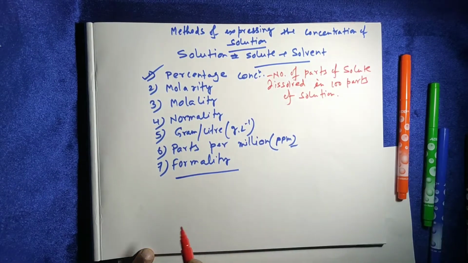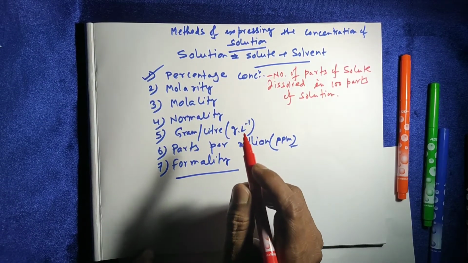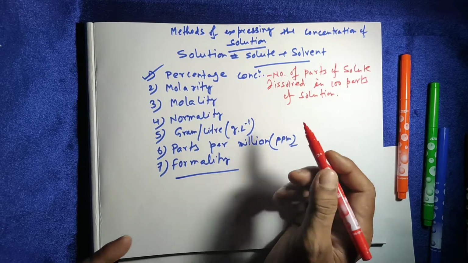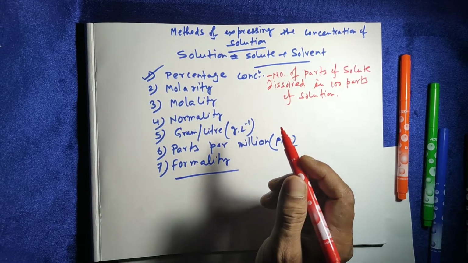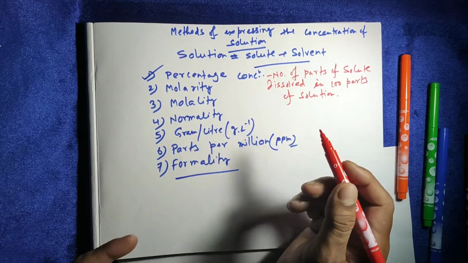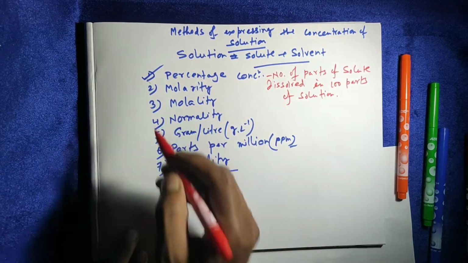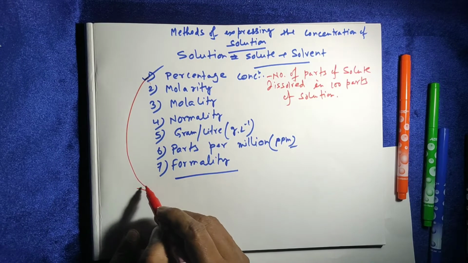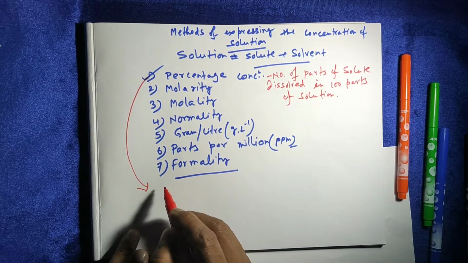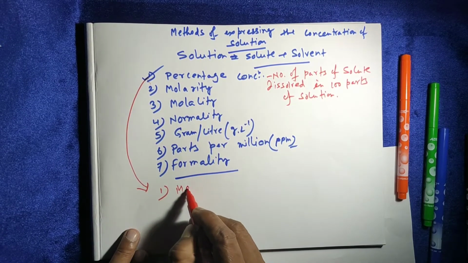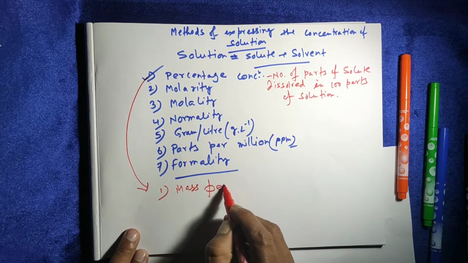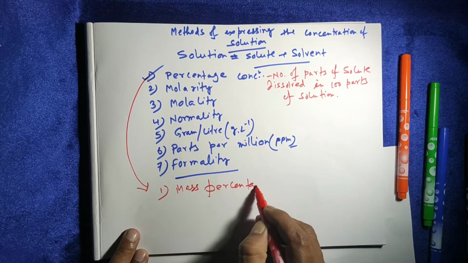The percent concentration of a solution can be expressed in 3 different ways. Number one, mass percentage.